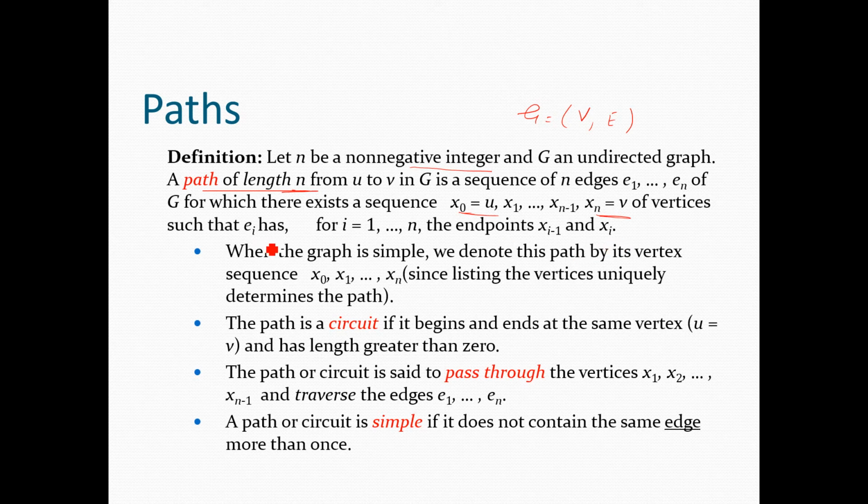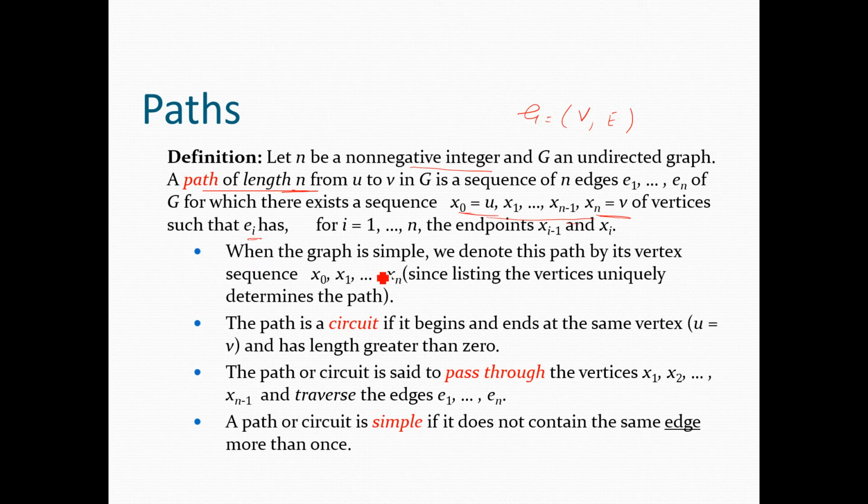So every edge has endpoints in this set. So this is the formal definition of a path.